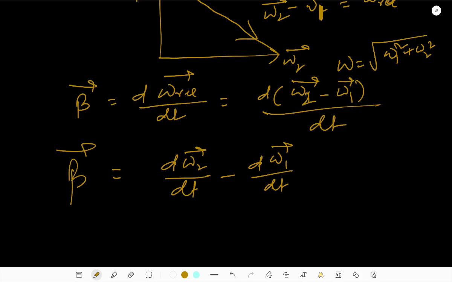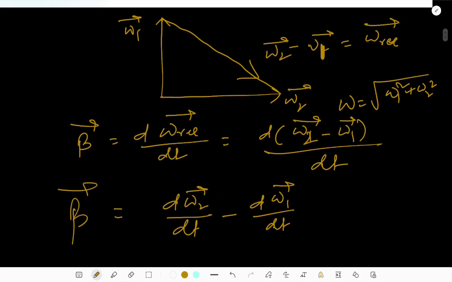So this is the relative acceleration I'm looking for, and this is the relative velocity of the second rigid body with respect to the first one. So the first one is at rest basically. Vector omega 2 minus omega 1 is the relative velocity of body 2 with respect to rotating body 1.